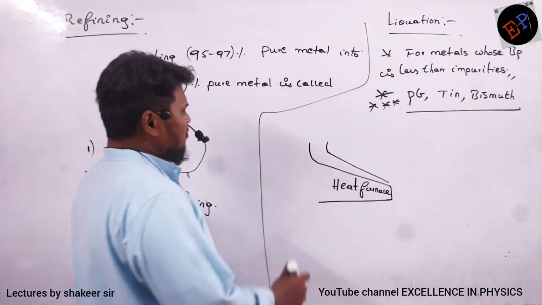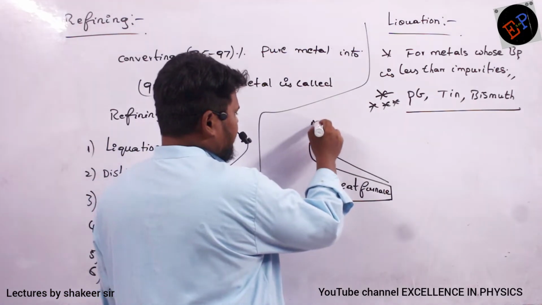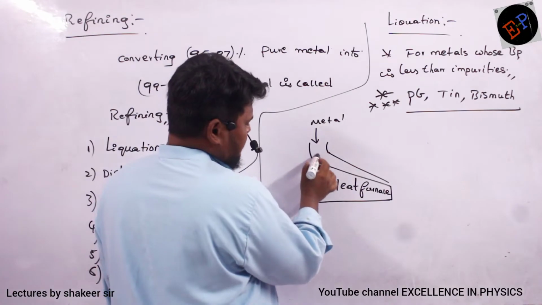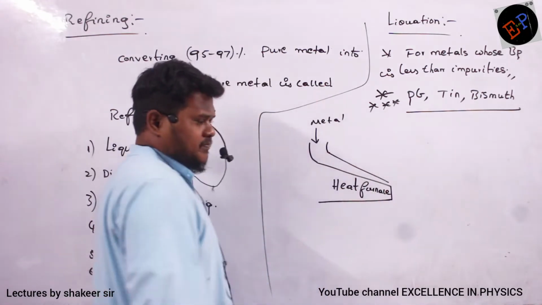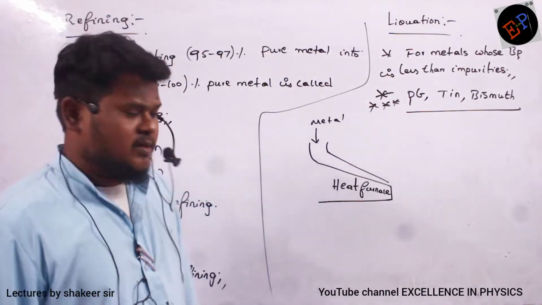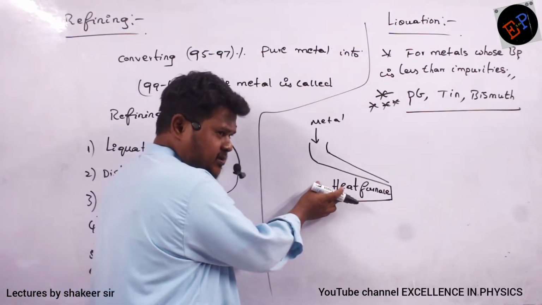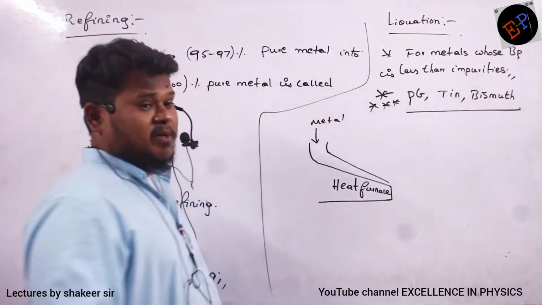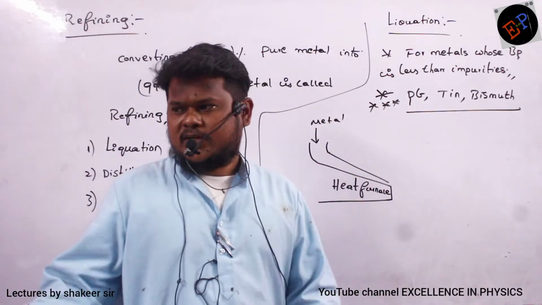And whatever metal I want to purify, that metal I will pour into this container. So as it passes down, can you say what happens? So we are maintaining how much temperature? We are maintaining that temperature by which these metals can melt. But impurities will not melt. That is what happens, no?